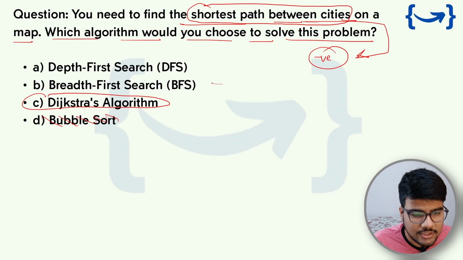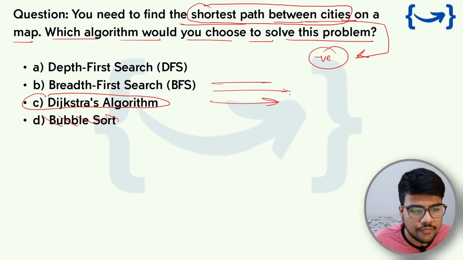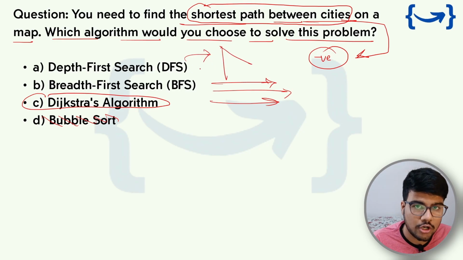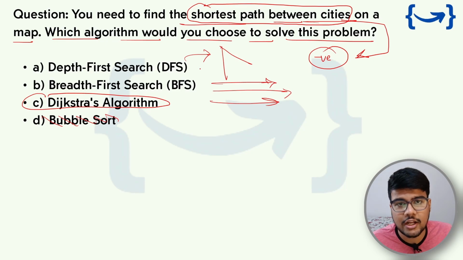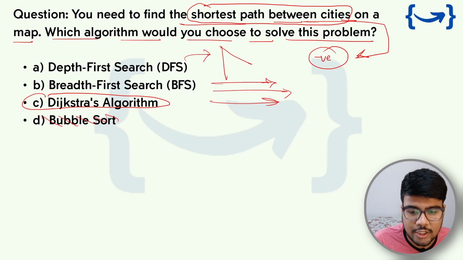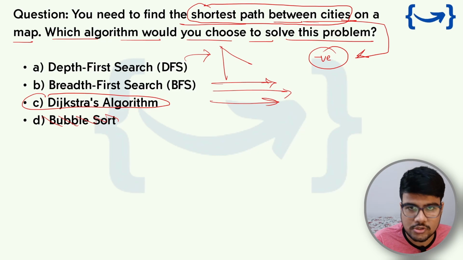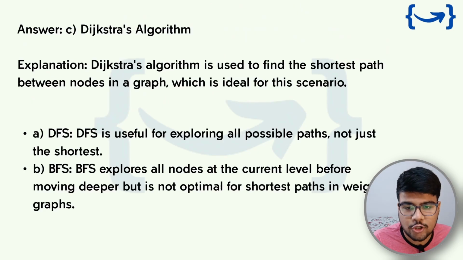Breadth first search just traverses in breadth and will not give you the shortest path. DFS is basically used to find all possible paths, not the shortest. You can find it, but it will take a big time complexity. But in Dijkstra, we are focused on finding the shortest path, not all possible paths. So yes, C is the right option. As you can see, C, Dijkstra's algorithm is the right option.